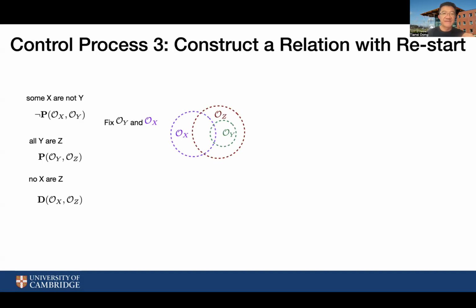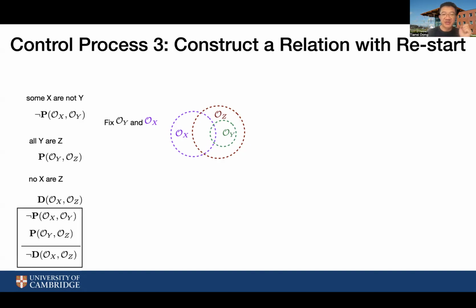This unsatisfiability follows from the fact that the X and Y partial overlap relation is not consistent with the other two relations. So this can be easily repaired by restarting the process and fixing another sphere.